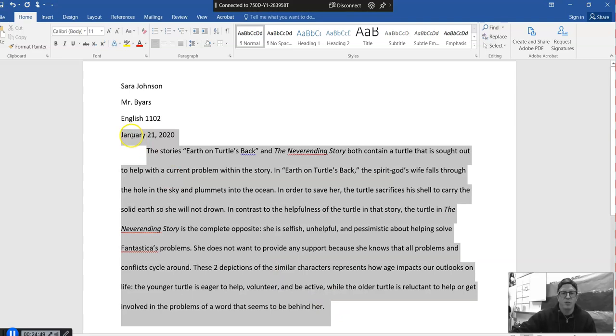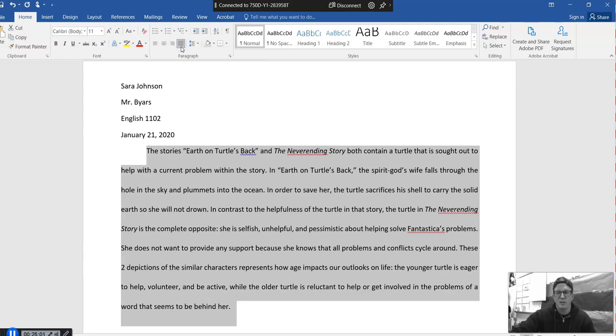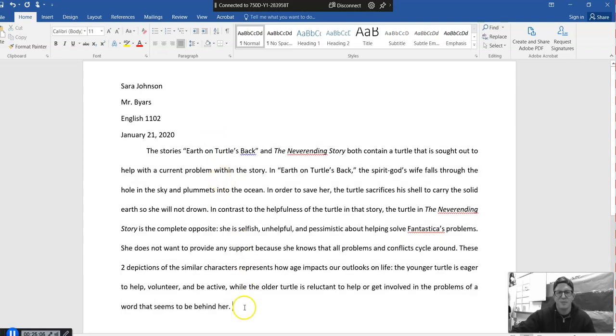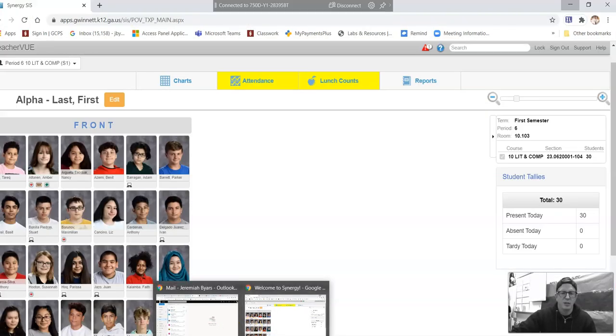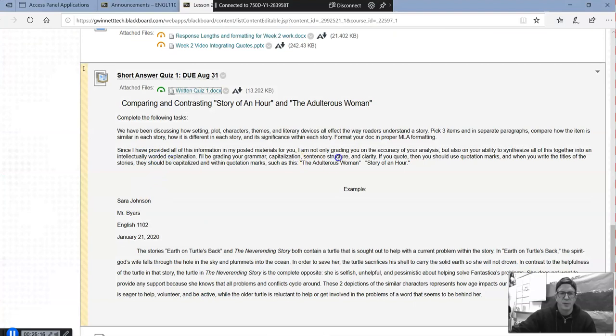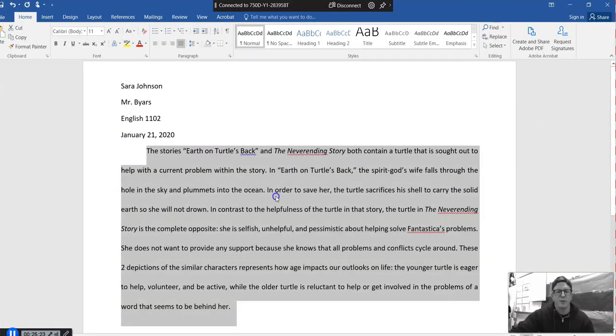The only thing I'd like you to do is click this and hit justify. Watch the right hand side. Look at that, it's all lined up. Do that. But you're writing 3 paragraphs. It says pick 3 items and in separate paragraphs, so you're writing about 3 different things.